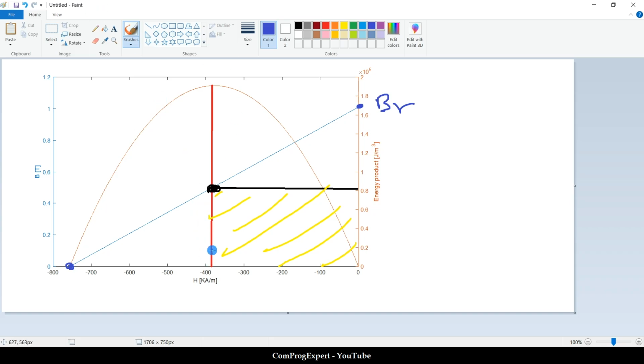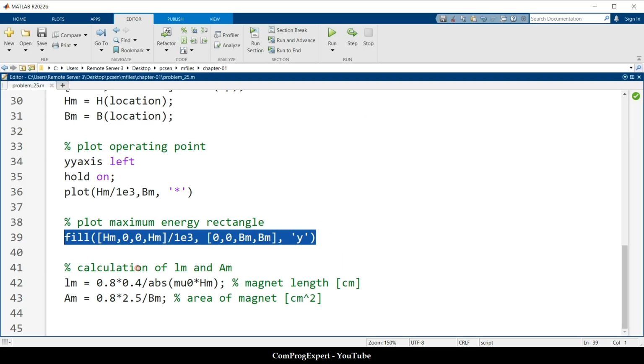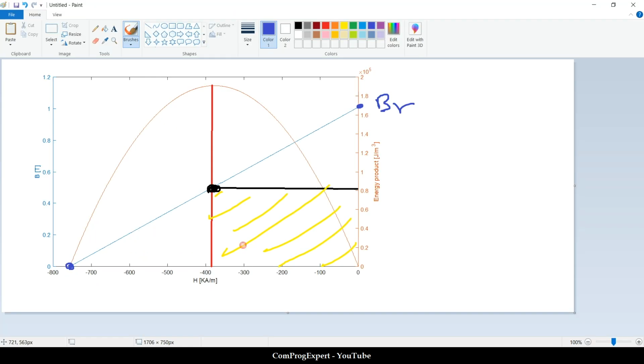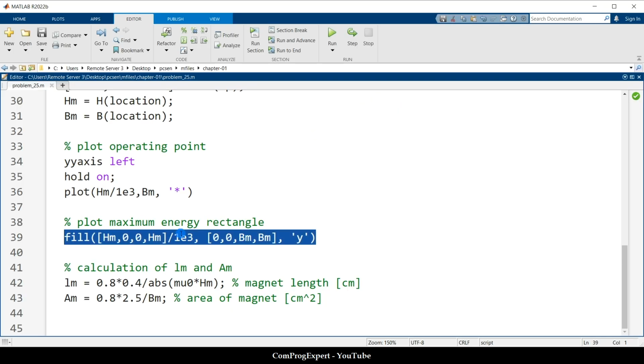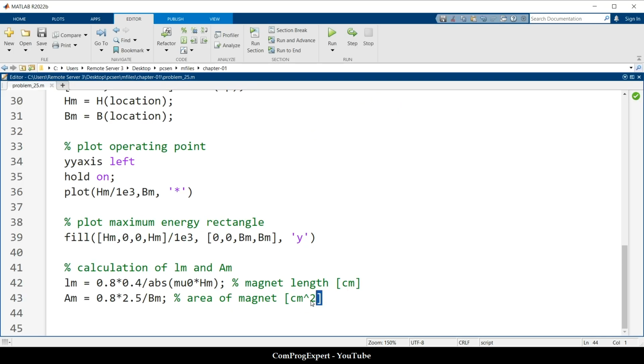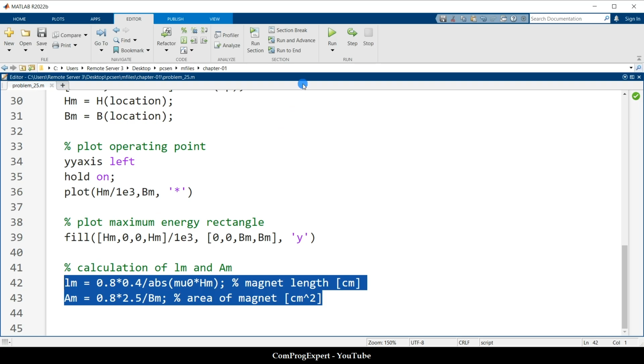To plot a rectangle using the fill function, you need to specify the corner points of the rectangle. These points. I specified the xy coordinates of these points to plot a rectangle. Finally, we can calculate LM and AM.